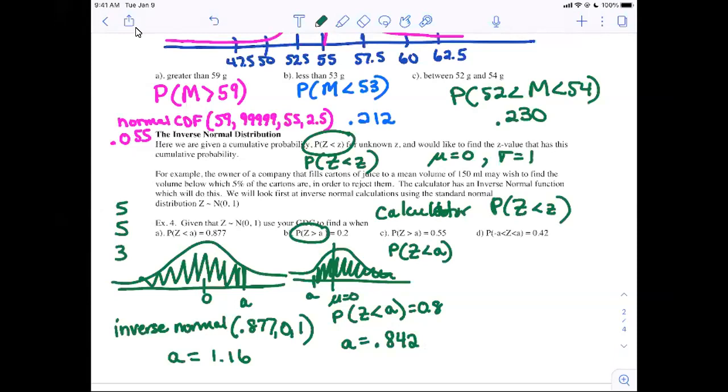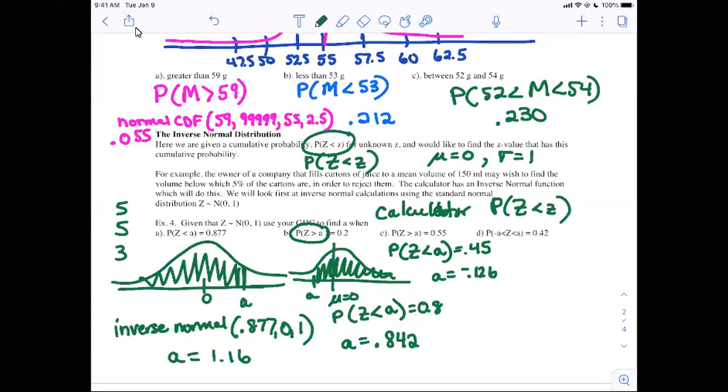So I want to find on the calculator the probability of Z less than A equals 0.45. And are you getting negative 0.12? I can't read my writing. Is that 6 or 0? What is it? 6, okay.